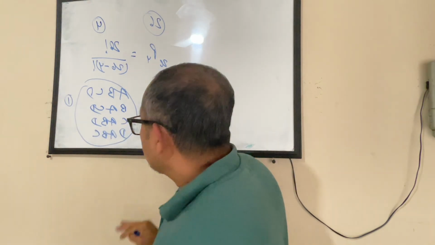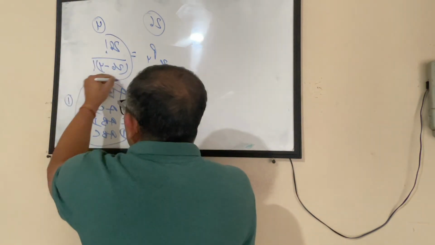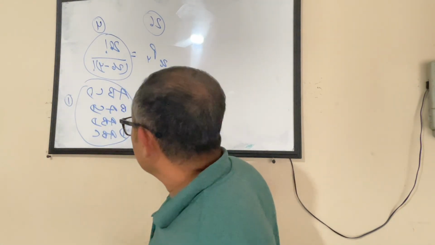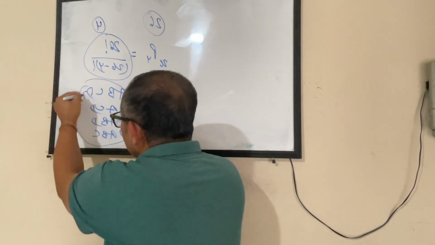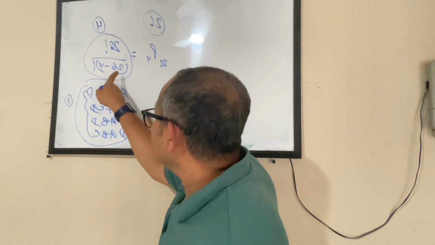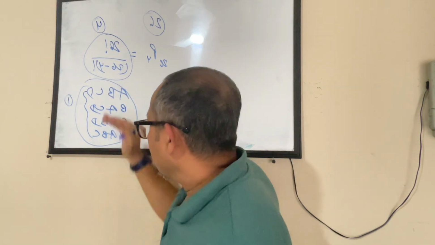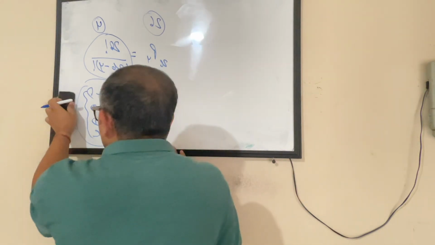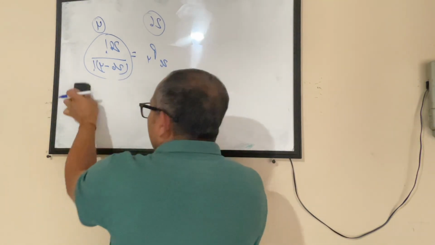That means this is your total number of words that you can form where the order matters. But if you don't want to consider these being different, then this is going to be less than this. How much less? That is what we are going to find out, and that will be our combination.